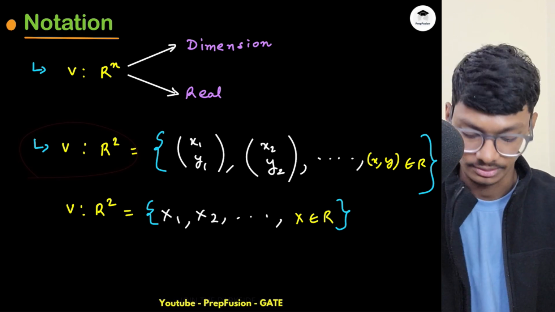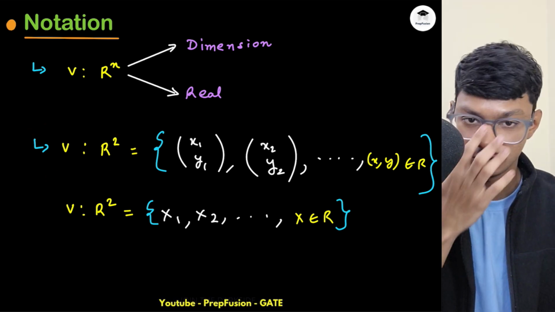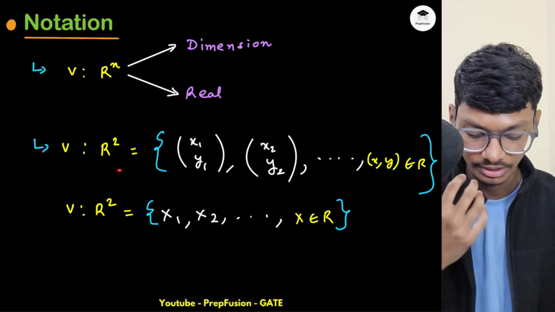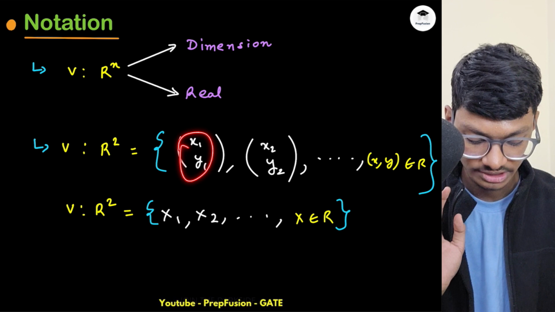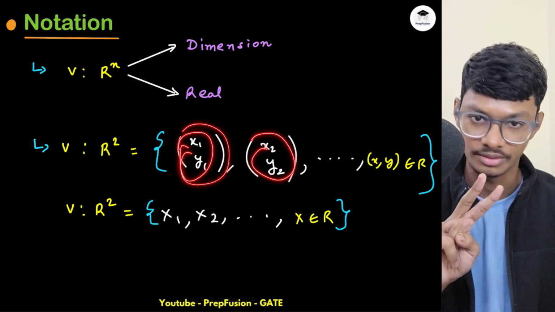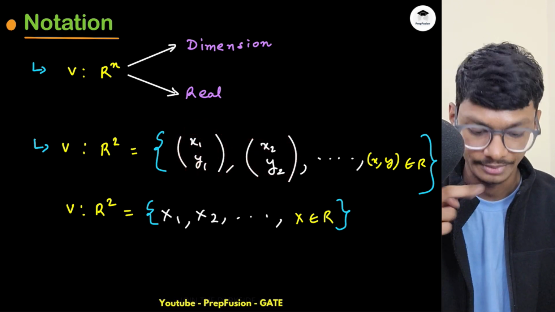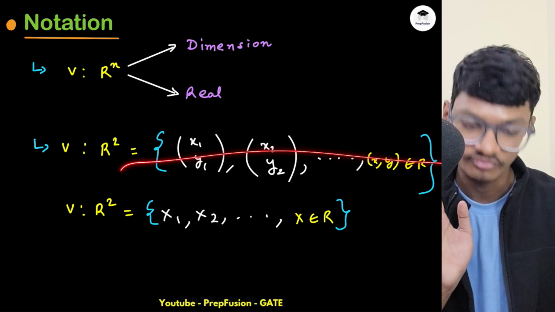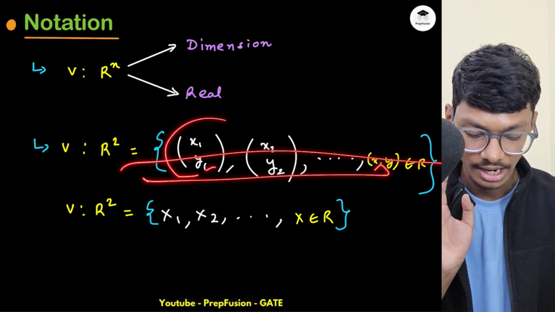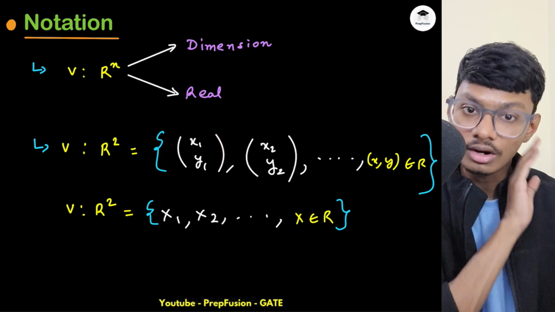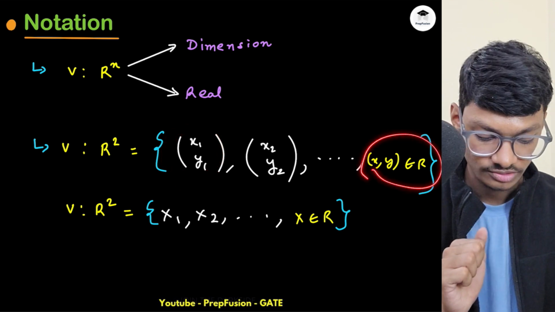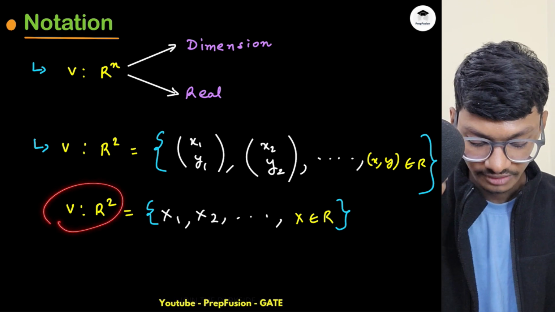So let's take another example, right? So v belongs to R square. So v is a vector space which has two dimensions, and it has all real elements. So here x1 y1, x2 y2, it is two dimension, that way it has two elements inside a vector. So it is a set of multiple vectors, and all of them have two dimensions, and all the elements inside are real. So x, y belong to real.